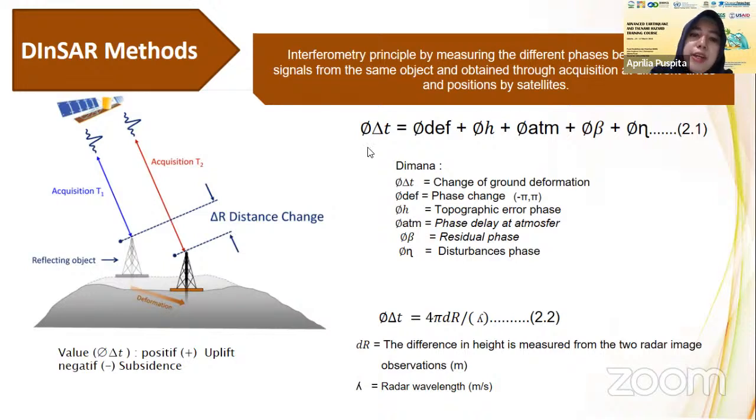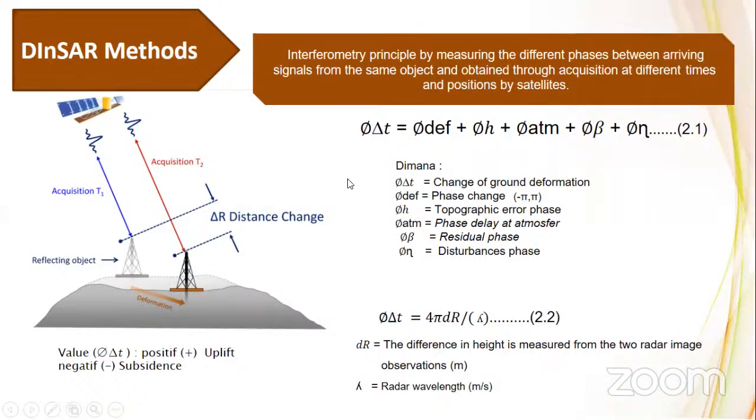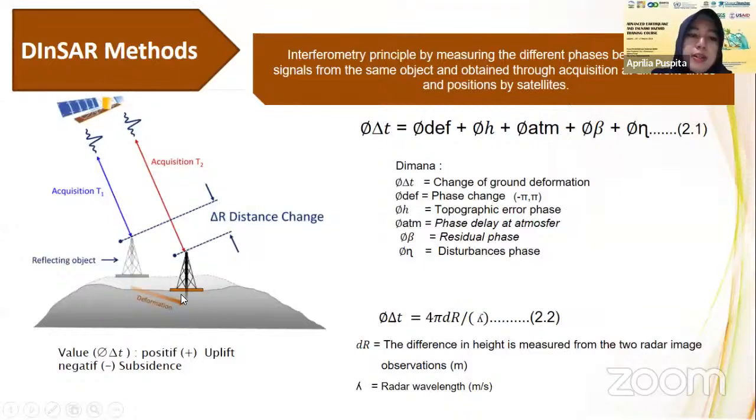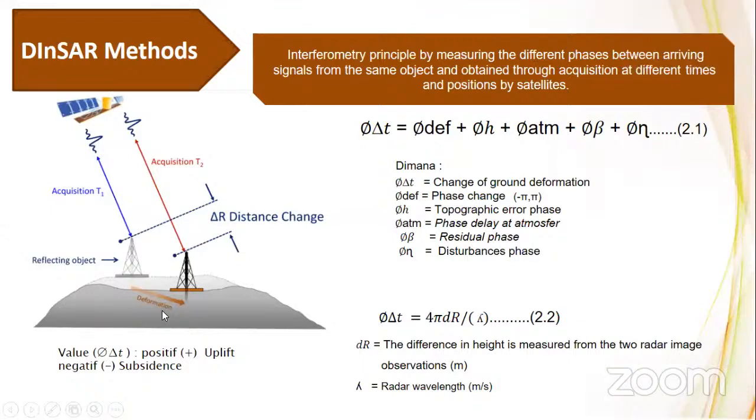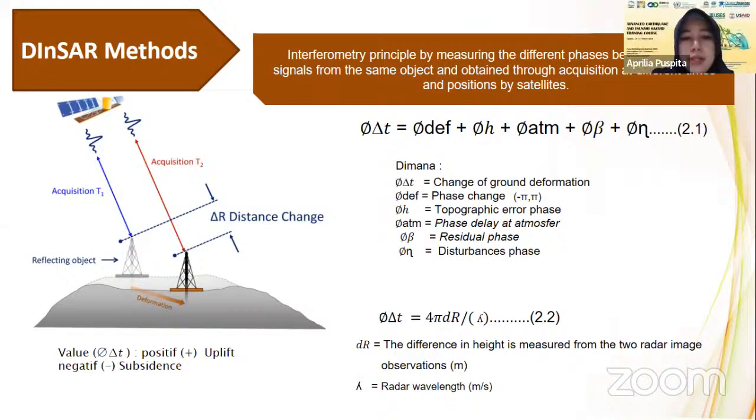The ground deformation output of the DInSAR method is a phase change, and we must remove the topographic phase error, the phase delay in the atmosphere, and the residual and disturbance phase. The ground deformation output can have a negative value, indicating subsidence, and a positive value, indicating uplift.